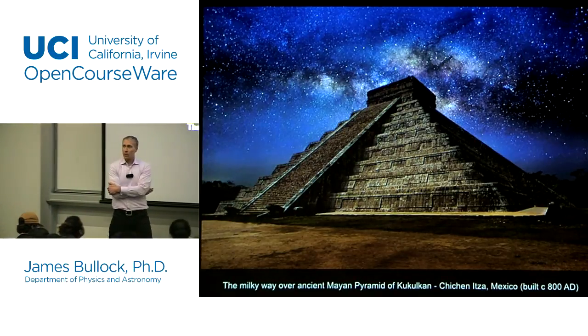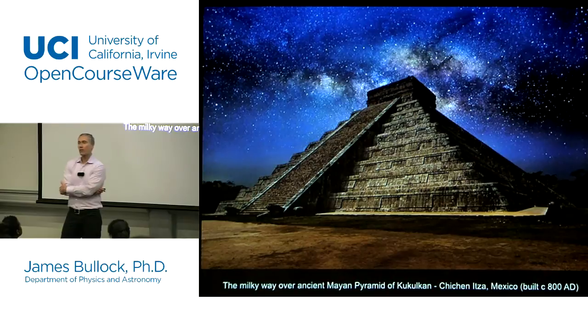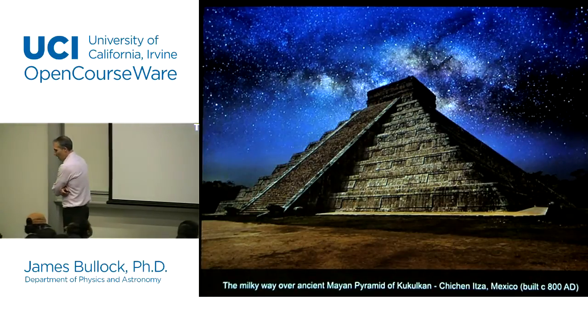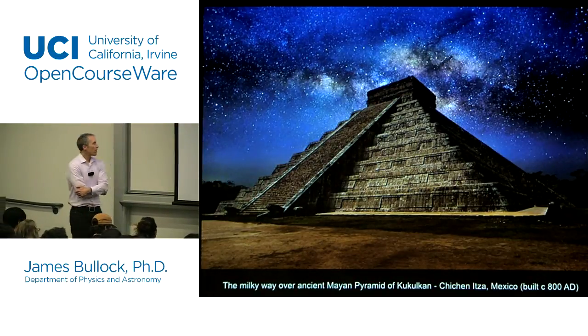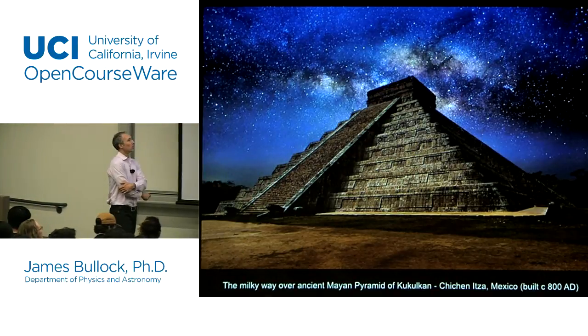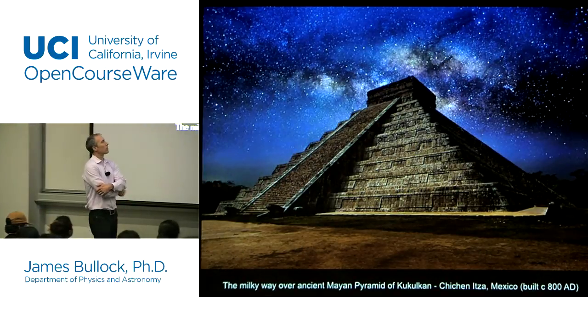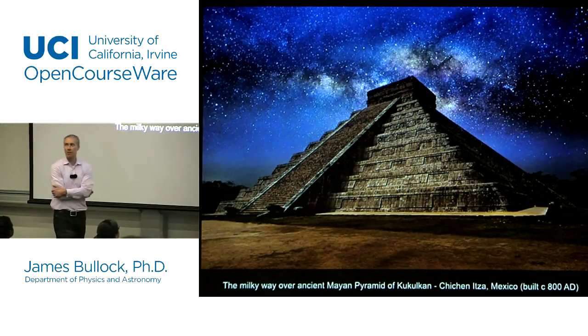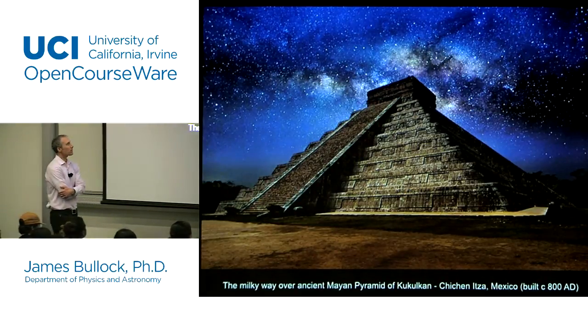I started off the course showing you a picture of this pyramid. This is an ancient Mayan pyramid in Mexico. It was built somewhere around more than 1,000 years ago, perhaps around the year 800.